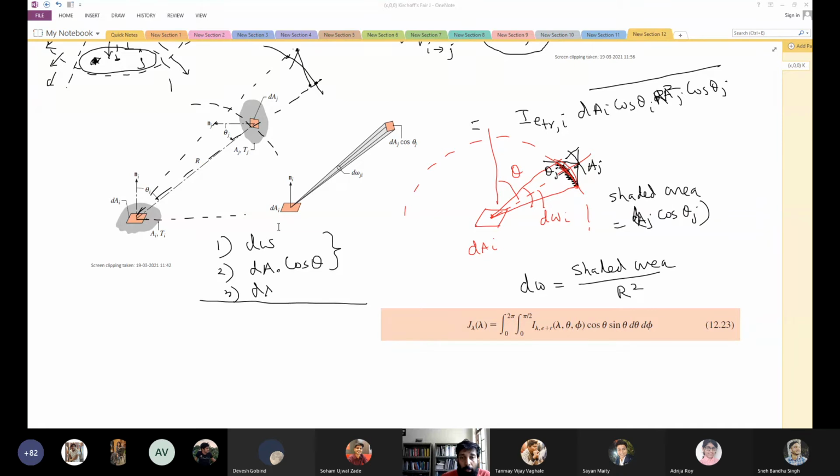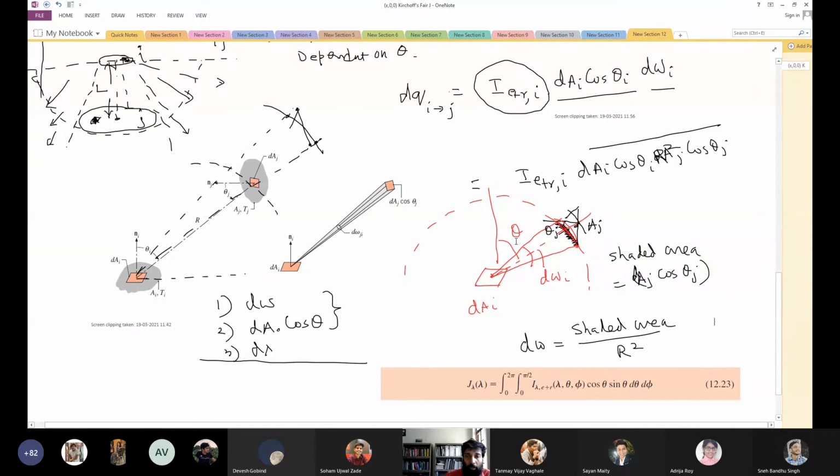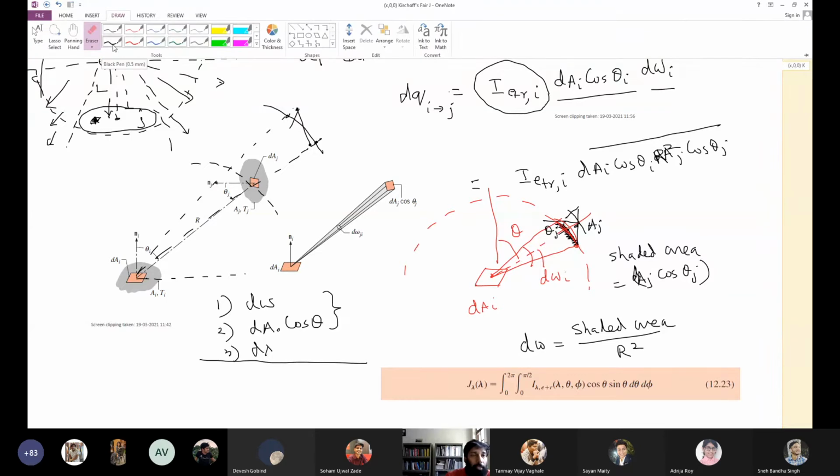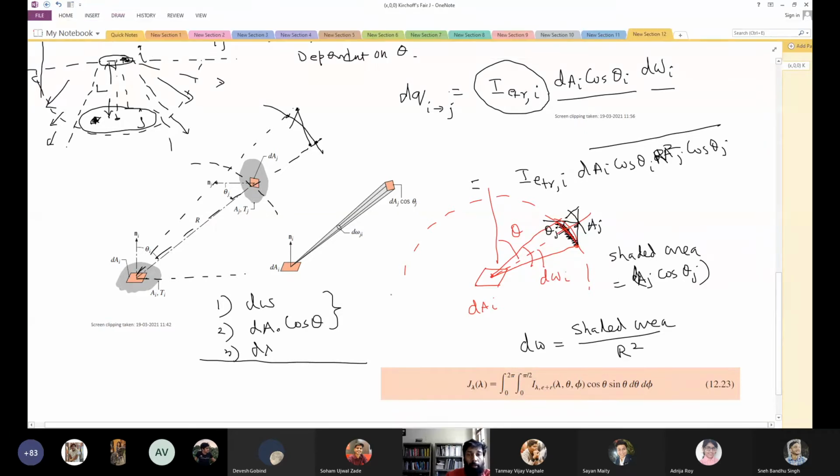If I integrate over this, this is the definition of radiosity. Now we assume that for our case, we have a diffuse reflector and emitter.